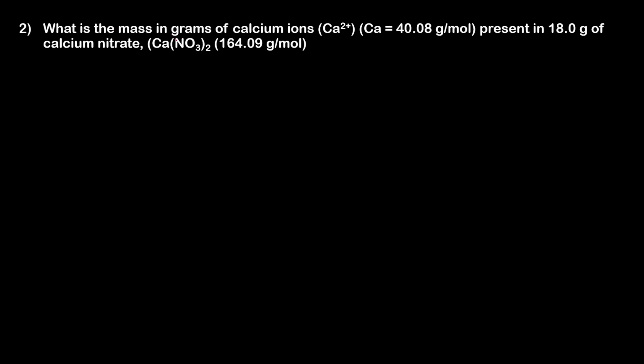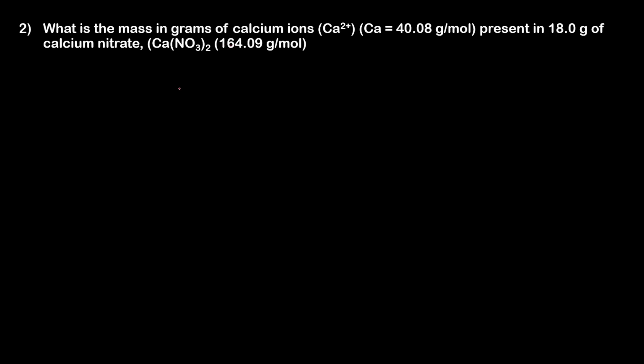What is the mass in grams of calcium ions, with a molar mass of 40.08 grams per mole, present in 18 grams of calcium nitrate, or Ca(NO3)2, with a molar mass of 164.09 grams per mole?